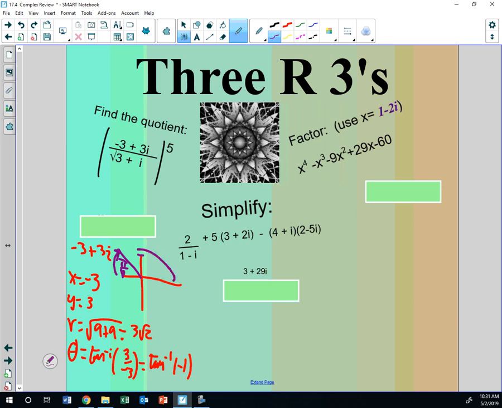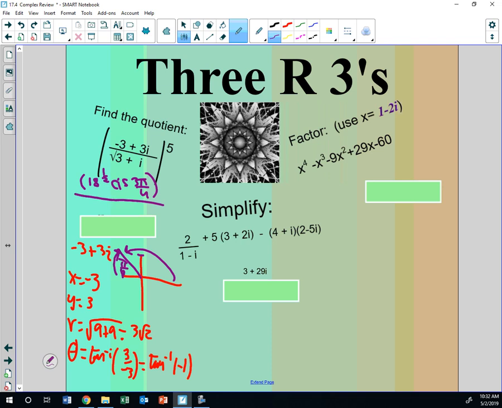So then what will this one here be? 3 pi over 4. So the top part is going to be, let's see, the square root of 18 is 18 to the 1/2 power, cis 3 pi over 4. We have to make that conversion first.